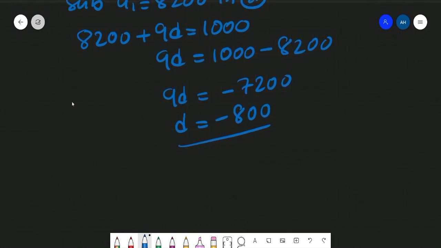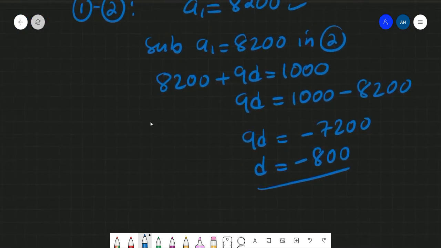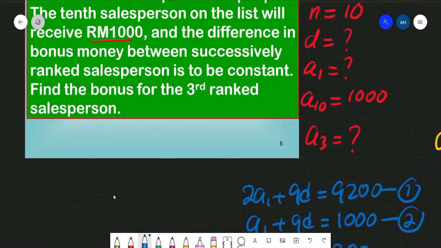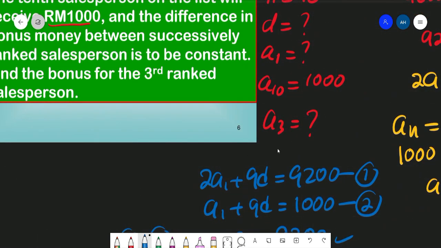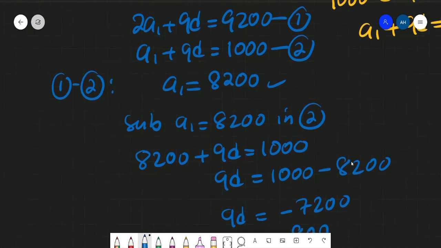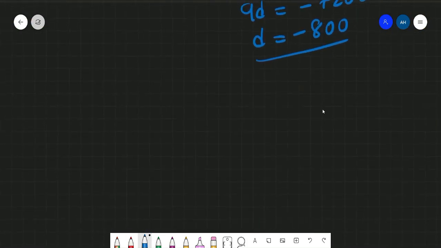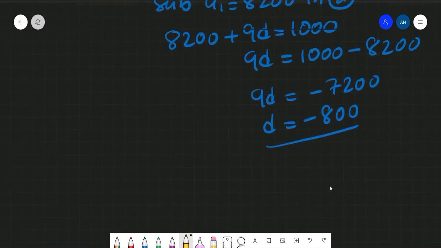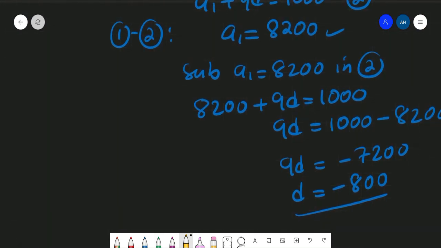Now the question is asking us to find a3, that is the amount of bonus paid to the third rank salesperson. So now we want to find a3, right? By using all the information that we have, let's list down the information.